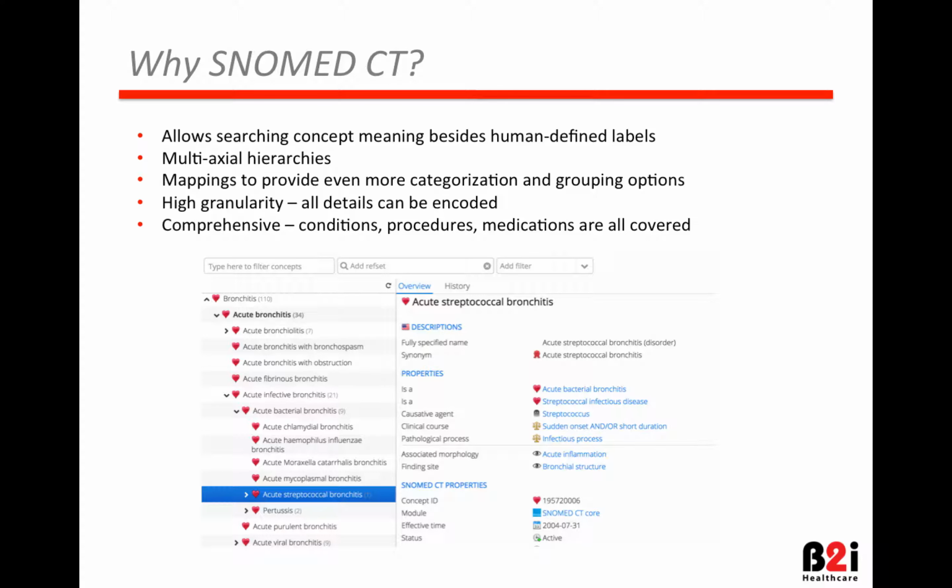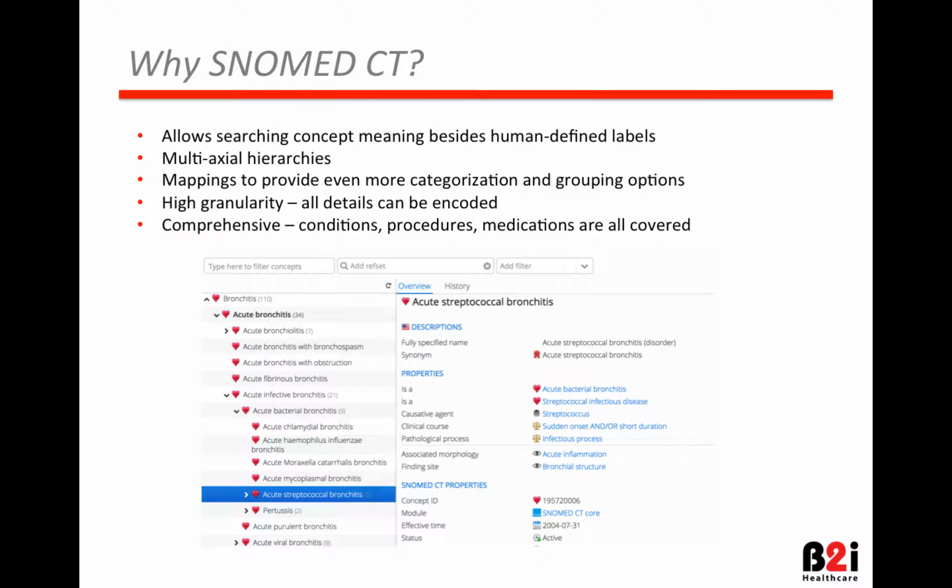We will look into some concrete query examples that demonstrate the power of these semantic relationships between concepts. Besides that, SNOMED is mapped to a number of other terminologies and classifications, for example ICD-10 or ICD-9, which opens up the field for even more categorization options.